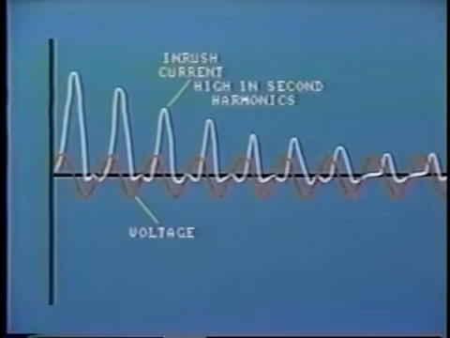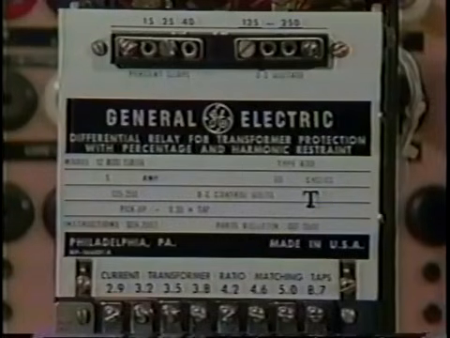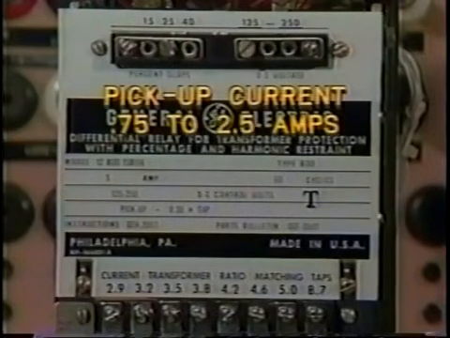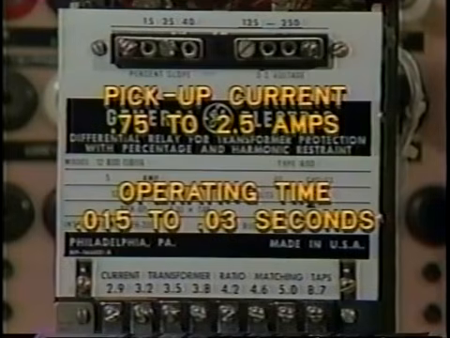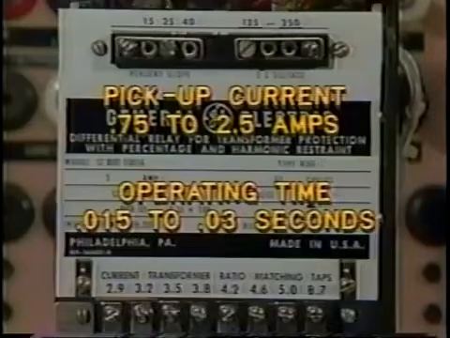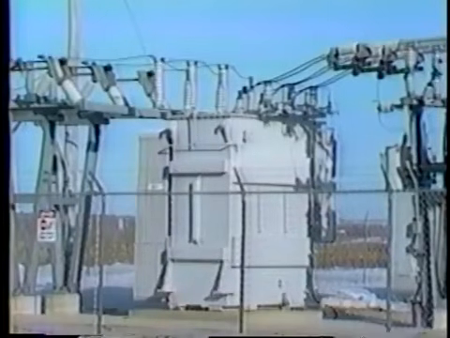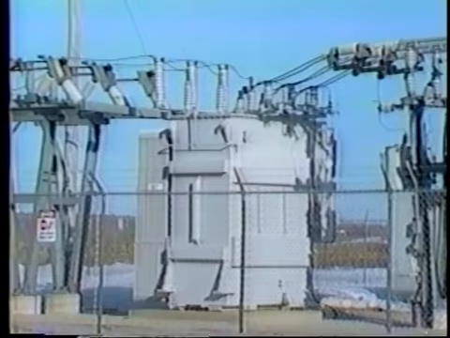After a few cycles, the inrush current is reduced and the second harmonic current disappears, so allowing the relay to operate as normal. With this type of differential relay, the pickup current is usually set within the range of 0.75 to 2.5 amps, with an operating time of 0.015 to 0.03 seconds. For smaller transformer banks in the sub-transmission and distribution systems, a simpler differential relay without harmonic restraint may be used.